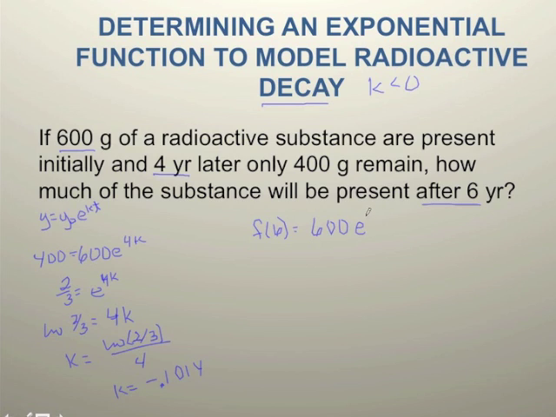E, my K, is negative 0.1014, and my time is 6 years. Now I can use my calculator and find out that there will be 326.5 grams left of this substance after 6 years of decay.